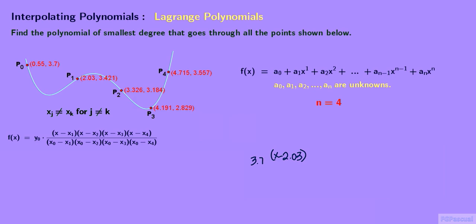This is followed by x minus x sub 2, or x minus 3.326. Then we have x minus x sub 3, or x minus 4.191. And finally, it's x minus x sub 4, or x minus 4.715.